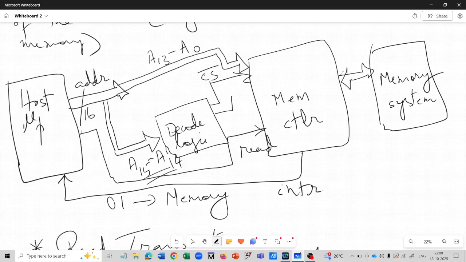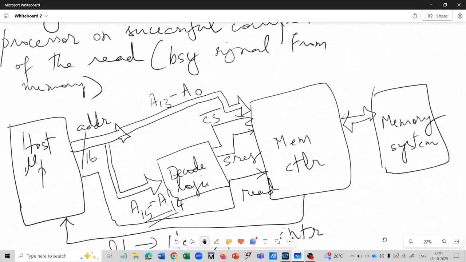In addition, it has another output called the status register, SREG output, which indicates that this read is not meant into a memory location. It is rather meant into the status register, and the memory controller is expected to provide the status register contents through the data bus of the processor.